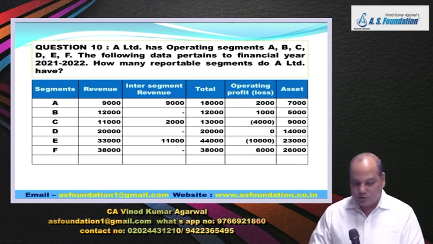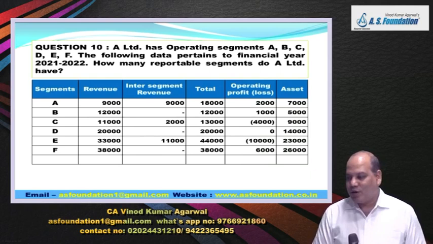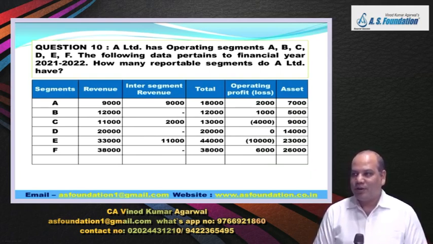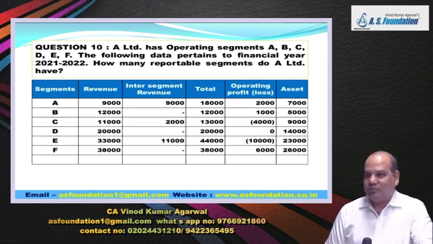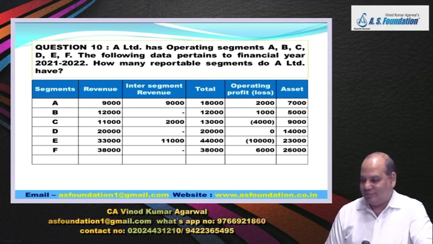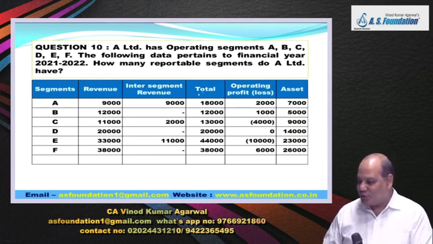Okay, now try this one yourself. Question number 10. Look at the screen and try. Close the book, then try. What happened? Total is not given. And in the exam, they don't give you this total also.